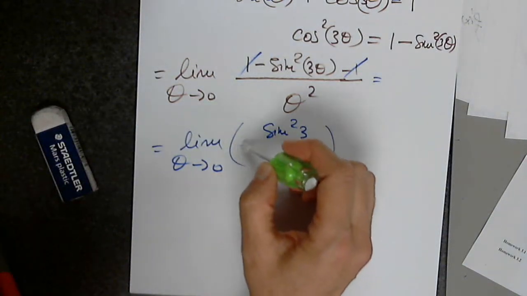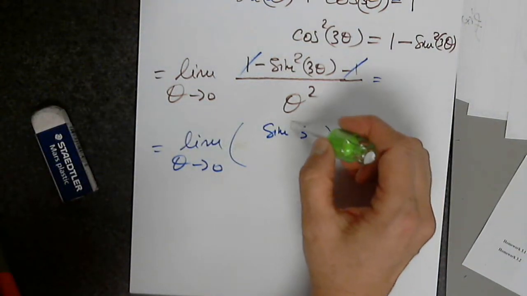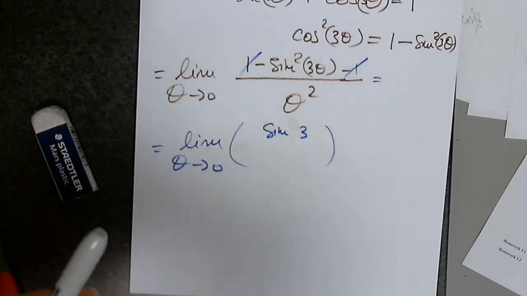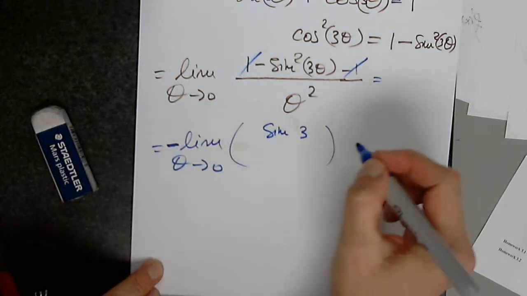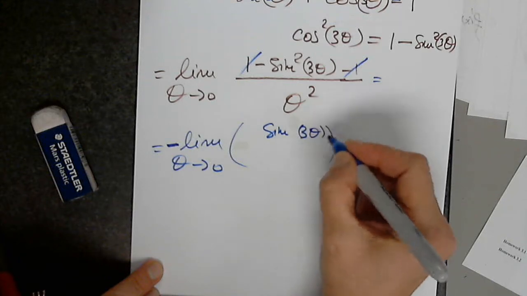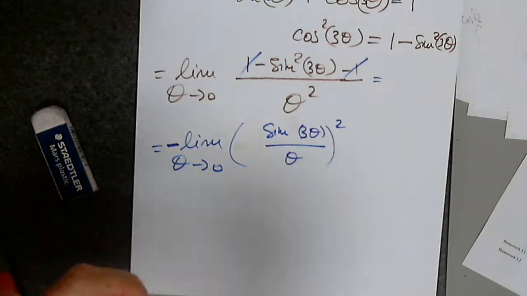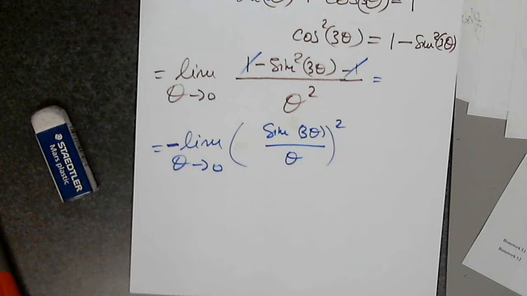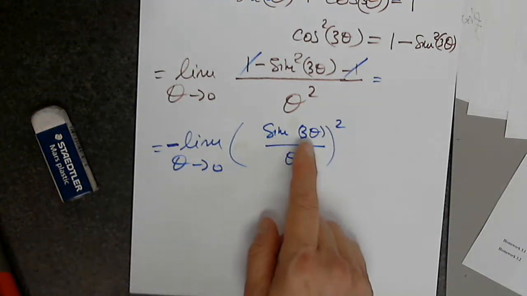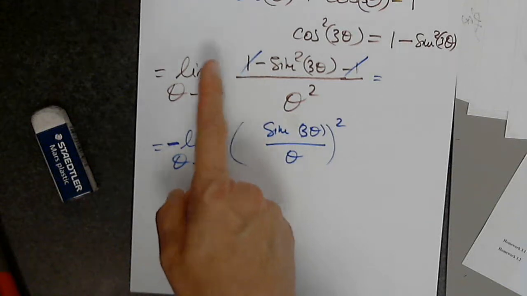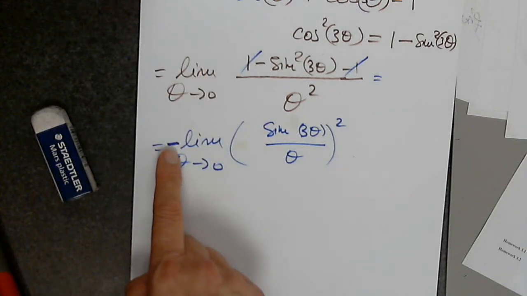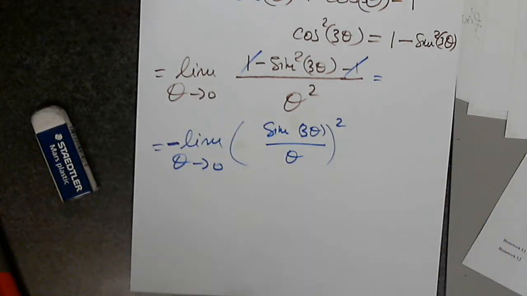But then I have to take the minus in front, because if I keep it inside, I'll change it into positive, and I can do that. Let's see if this is acceptable. Sine 3 theta squared is this. Theta squared is this. And the minus, I already put it outside, because it still has to be there.